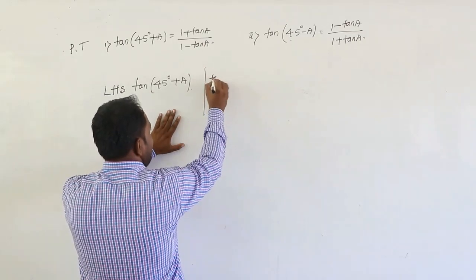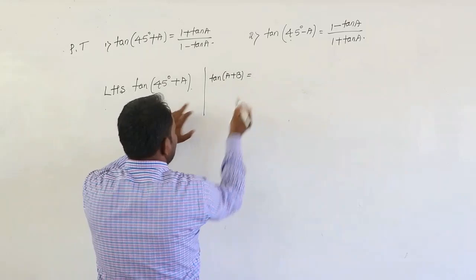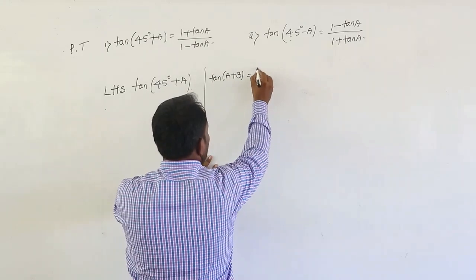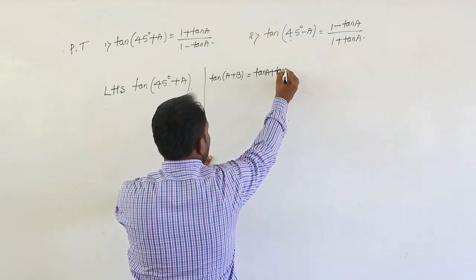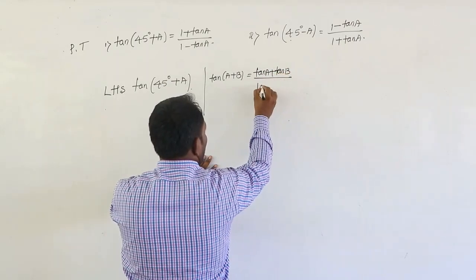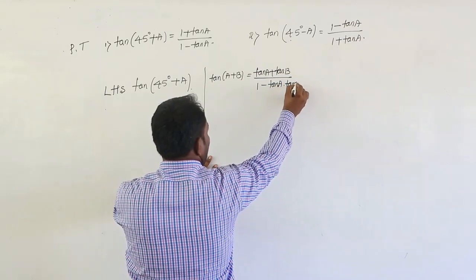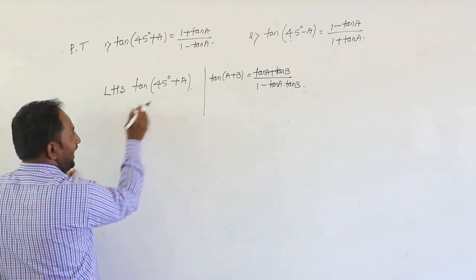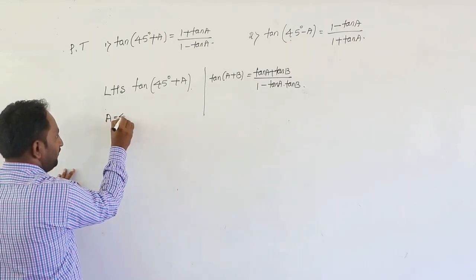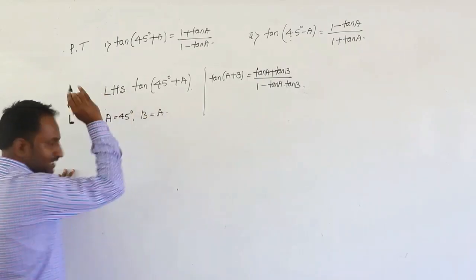This is the tan of A plus B form. We know the result: tan of A plus B is equal to tan A plus tan B divided by 1 minus tan A into tan B. Then in place of A, 45 degree is there, and in place of B, the A value is there.